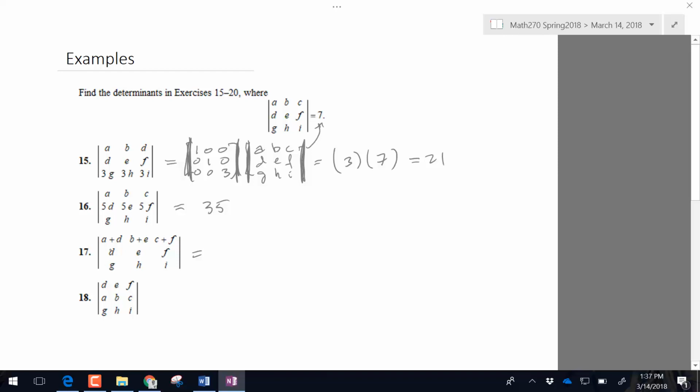So number 17, it looks like we took the second row and added it to the first row, right? So there's a row operation here, and the row operation is taking the second row and then adding it to the first row. So that's the row operation that's being done.